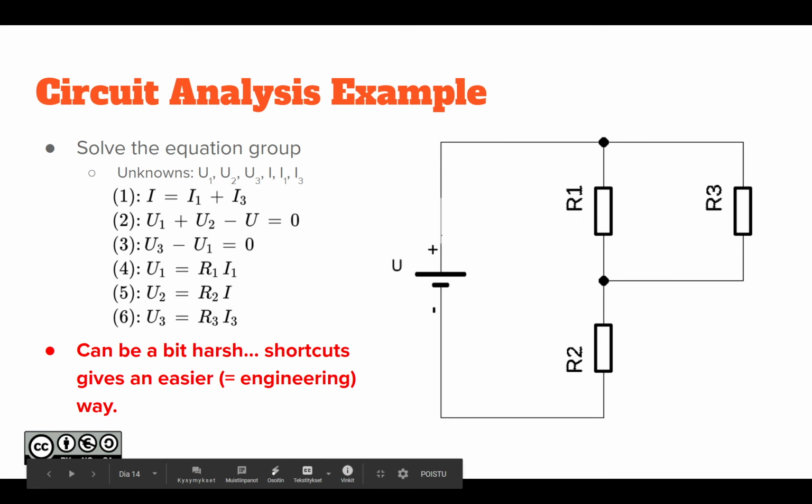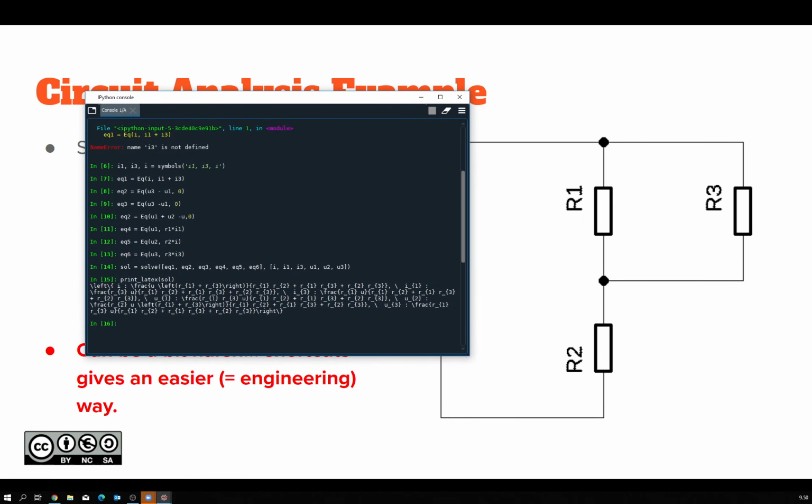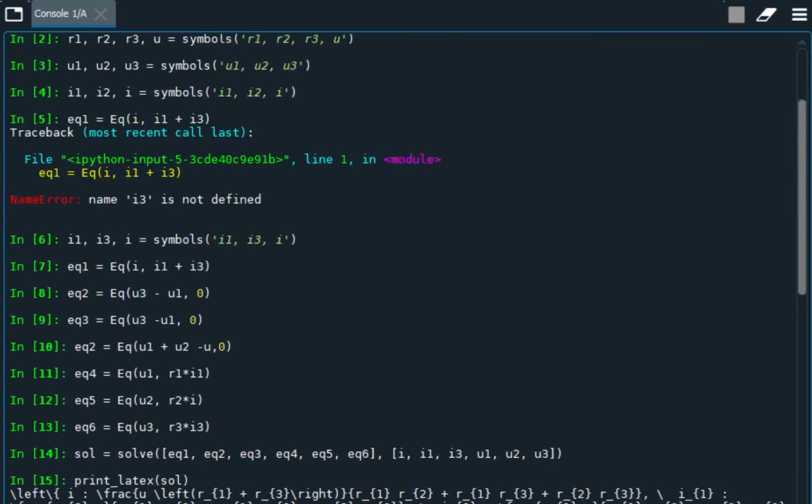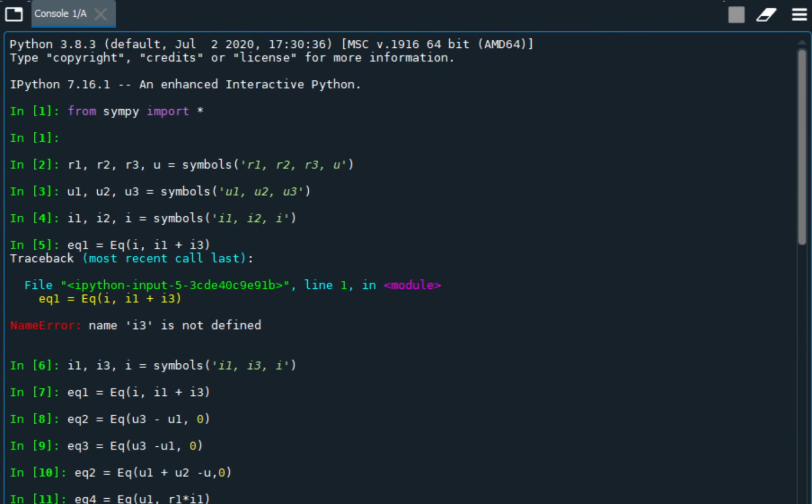If we take a look at the Python here, that wasn't too much to do. First, importing the symbolic package to the Spyder environment. Then say which are the symbols, and be careful here to use exactly the same symbols as you have in your formulas. That helps.